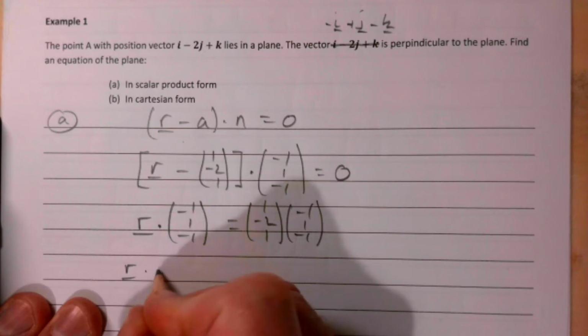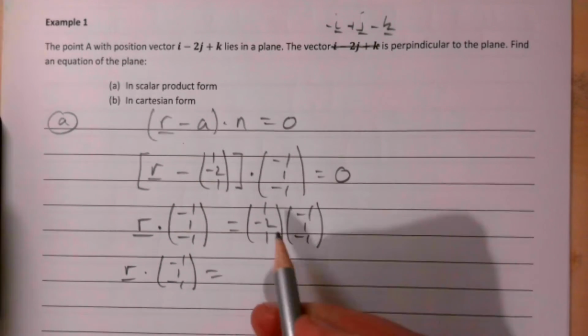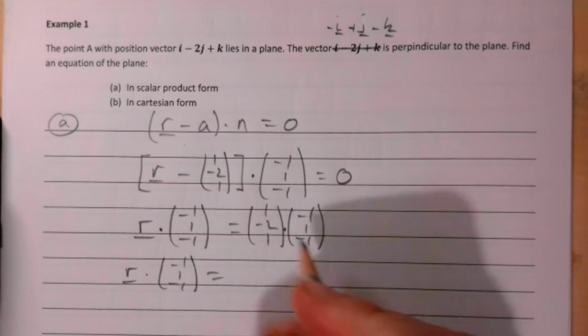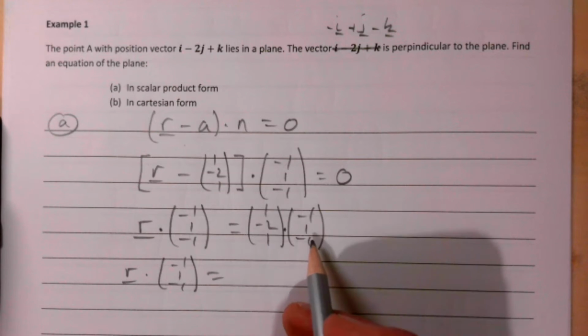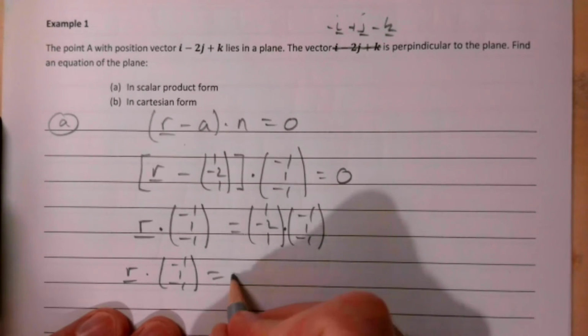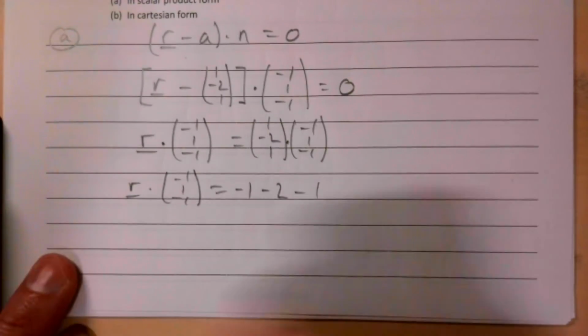So R dot (-1, 1, -1) equals, and this is just the dot product here, so we're just doing this times this, so minus 2, plus 1, plus 1, which gives minus 4.